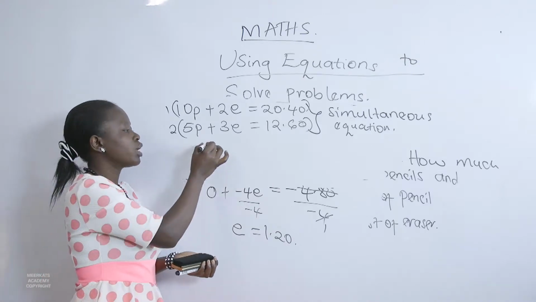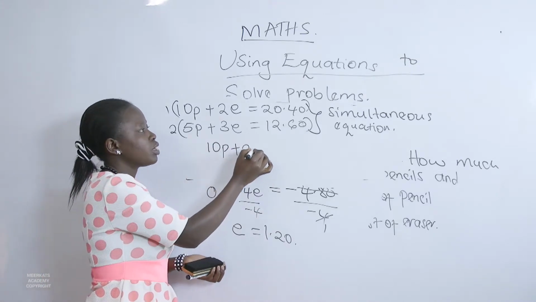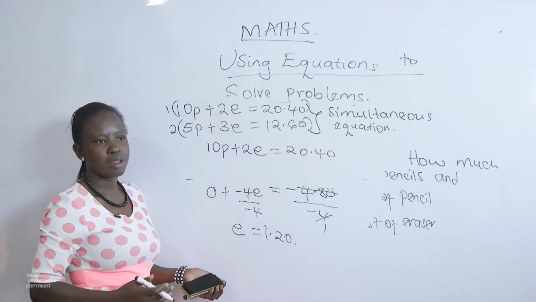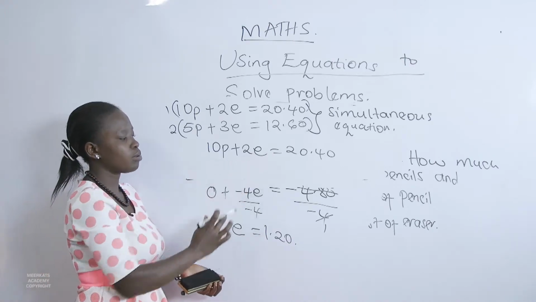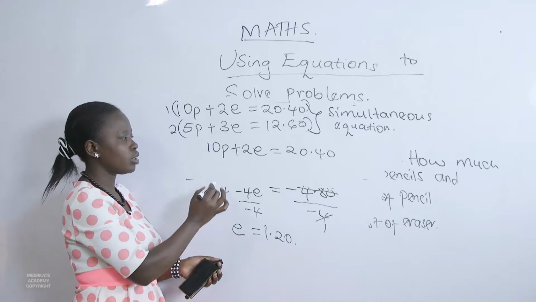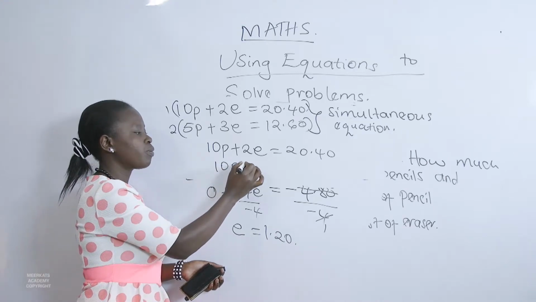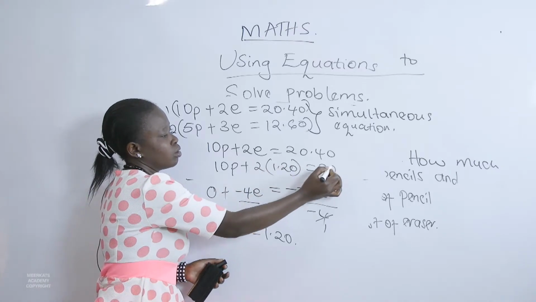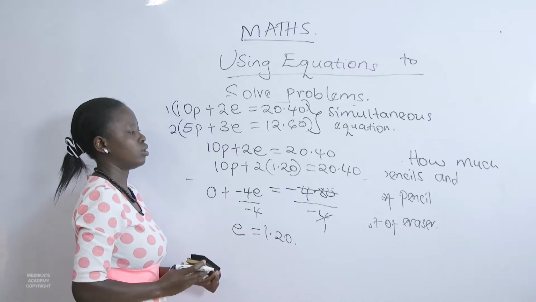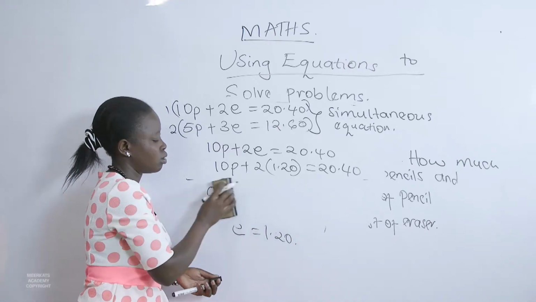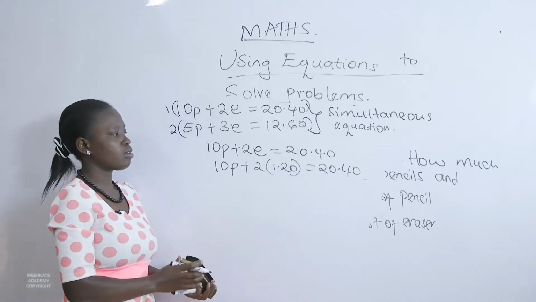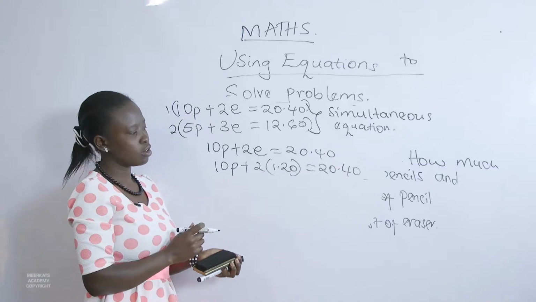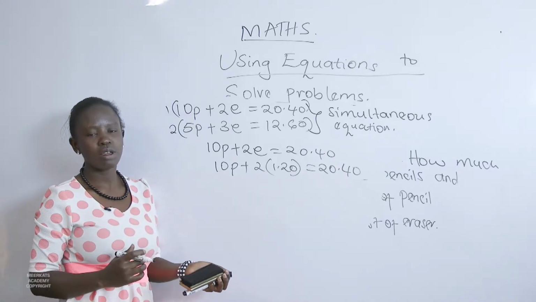Using the first equation, we had 10p plus 2e is equal to 20.40, but our value for E is 1.20. So we are replacing E with 1.20 so that we have 10p plus 2 into 1.20 is equal to 20.40.